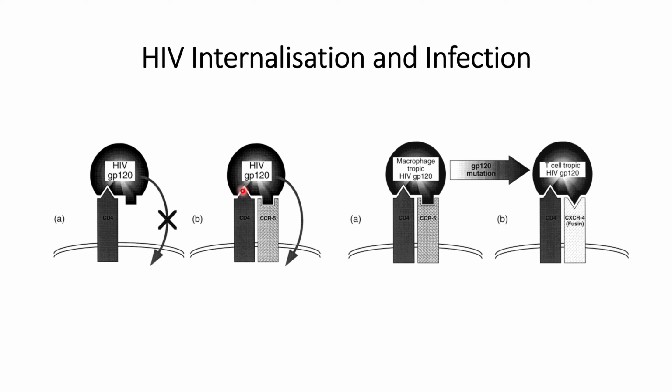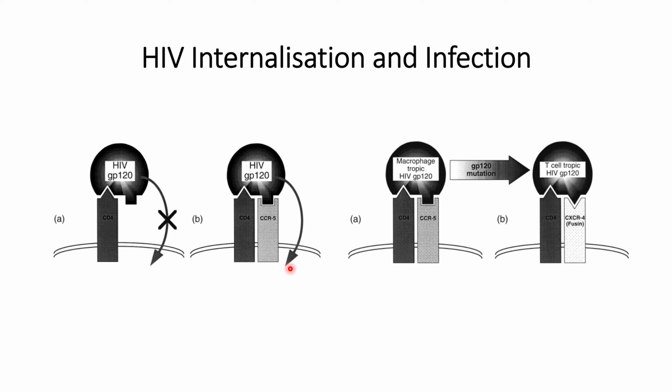So the GP120 section of the HIV virus will be able to interact with the cells, and the virus will be able to infect them.